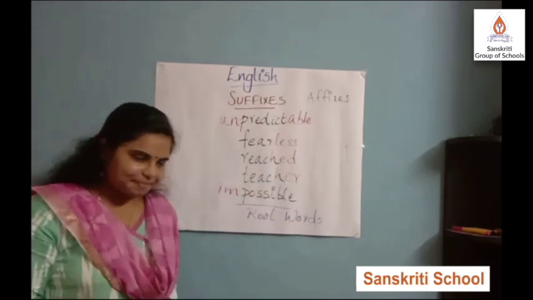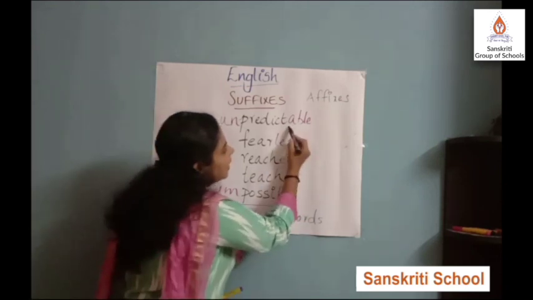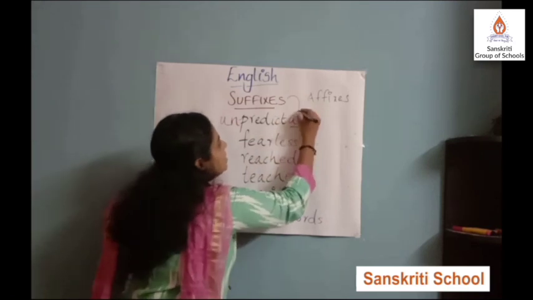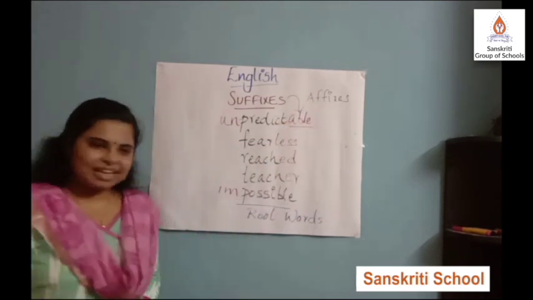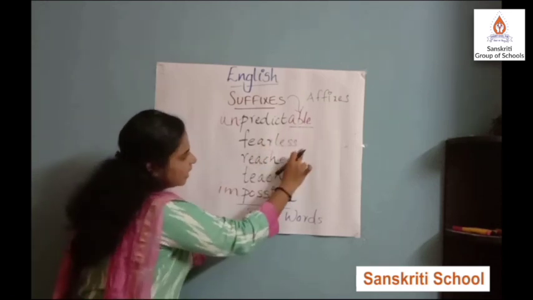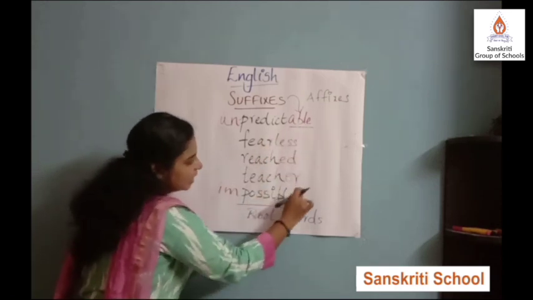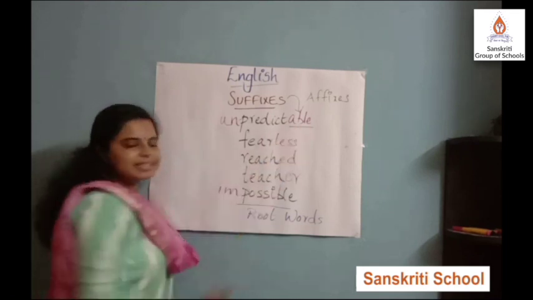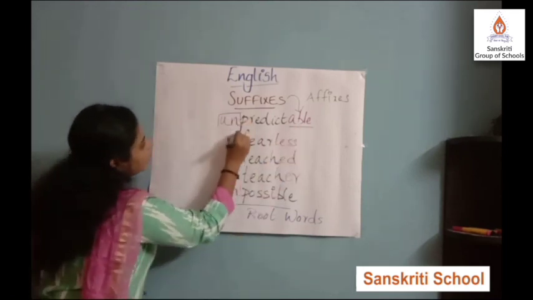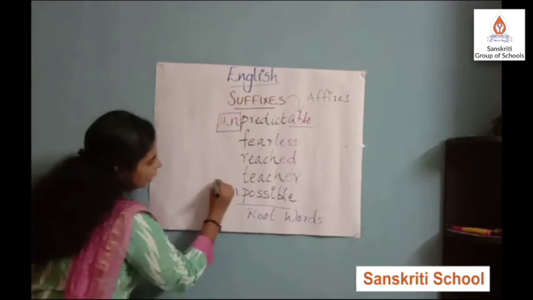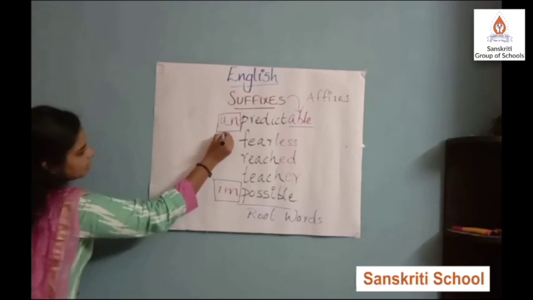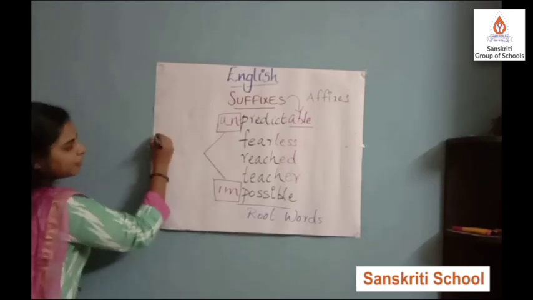Affixes are of two types. Those letters added at the end, you call them suffixes. So, able, less, ed, er, all these are suffixes. Whereas those letters which are added in the beginning, like un, in, you call them prefixes.